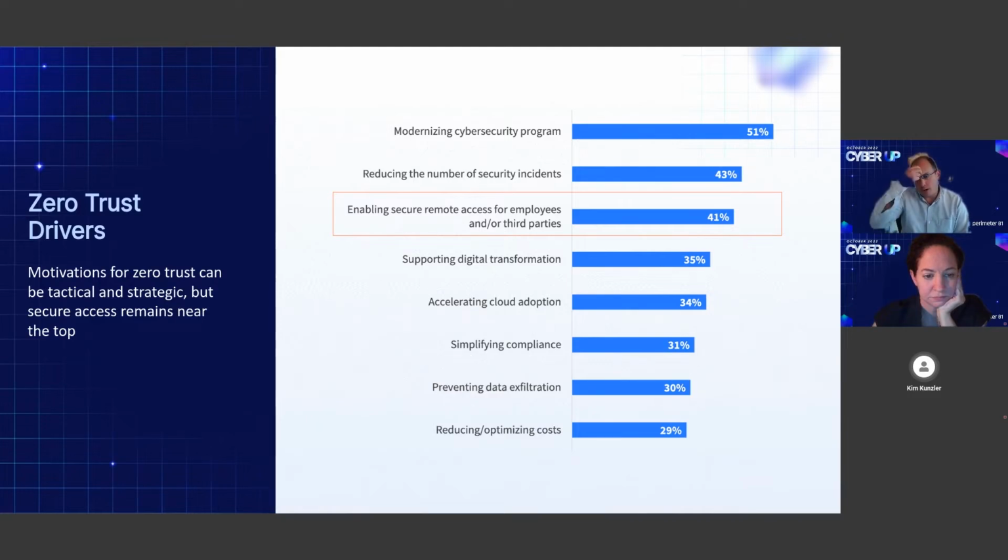I've highlighted one, but I'll walk through quickly all of these, because Zero Trust can be a very broad topic, can mean different things to different folks. We've seen this idea of modernization really come through more recently, I think starting with some of the executive orders that the Biden administration has put out and in their work to try to modernize, at a federal level and for some of the federal departments, cybersecurity practices.